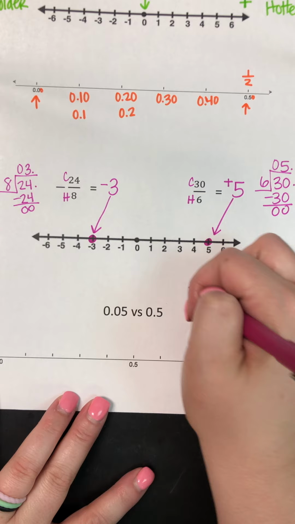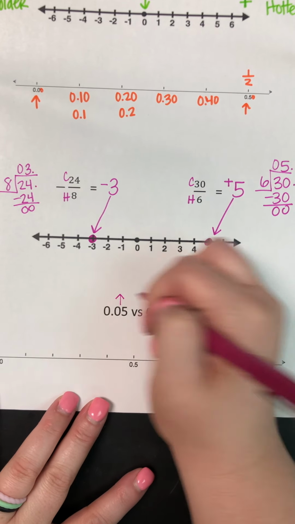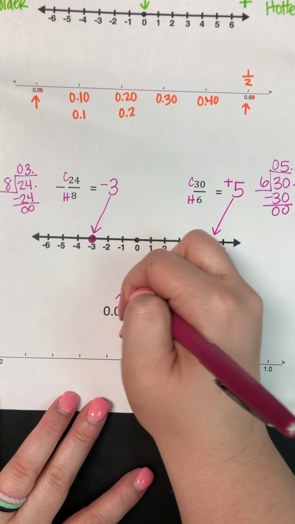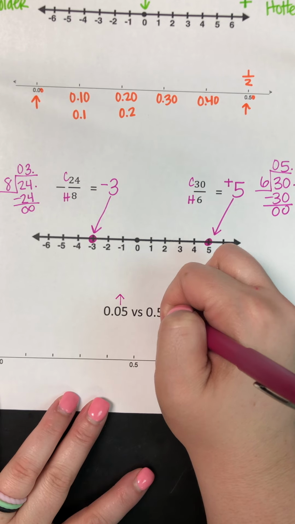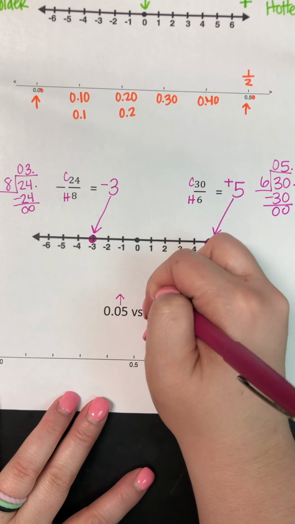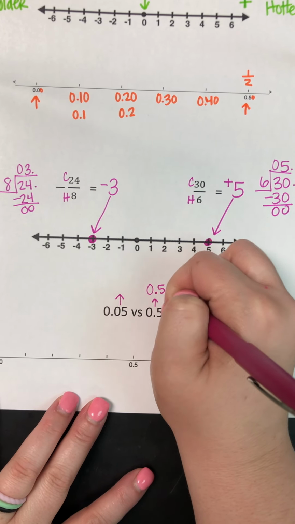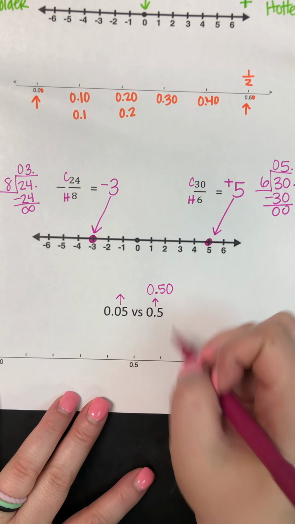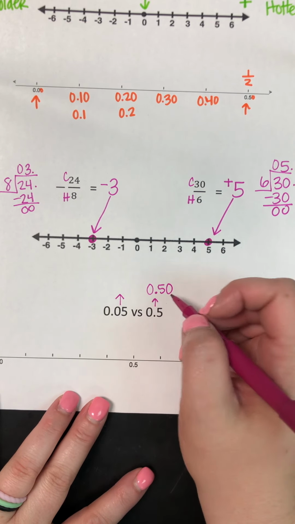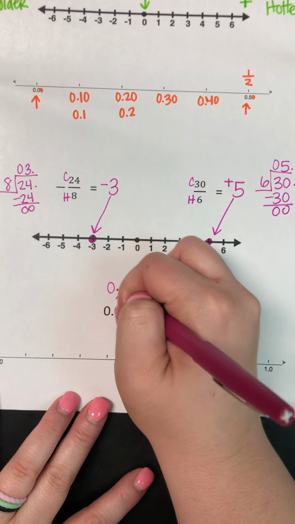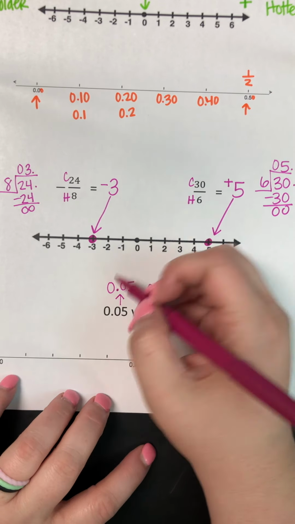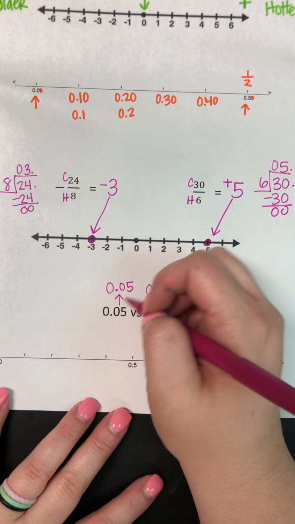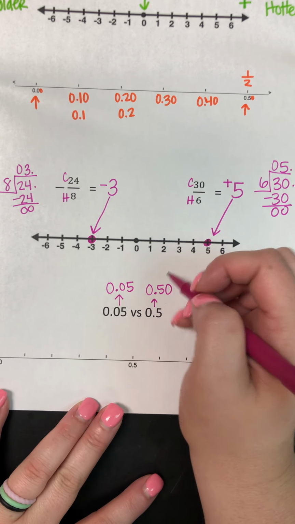But if I line them up like money, so this one's already like money, but this one is not. So if I make this one look like money and add the 0 at the end, this is 50 cents. And this right here is just 5 cents. So which one is greater? Would you rather have 5 cents or 50 cents?